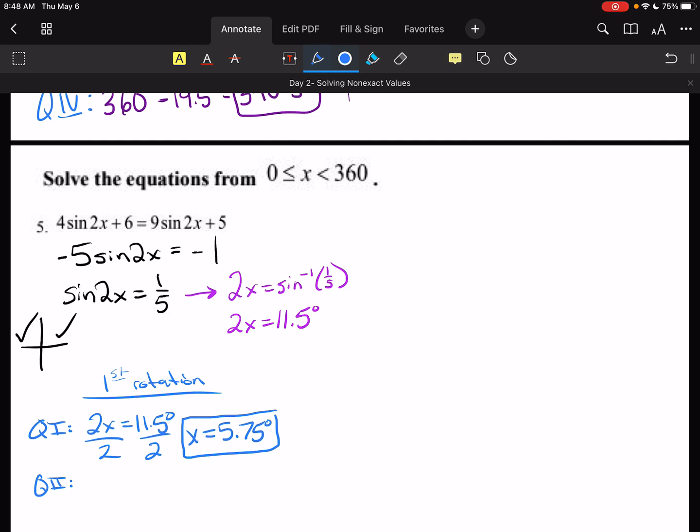Quadrant 2, right, I would originally do 180 minus the 11.5, and that would give me 168.5. So I would have 2x equals 168.5. Dividing that by 2, I would get x equaling 84.25 degrees.